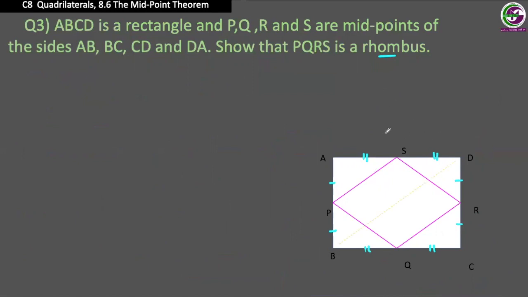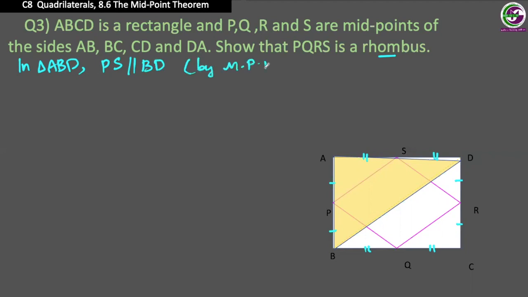So once again, considering the triangle ABD, we know that PS is parallel to BD by midpoint theorem. Also, PS is half of BD, again by midpoint theorem.